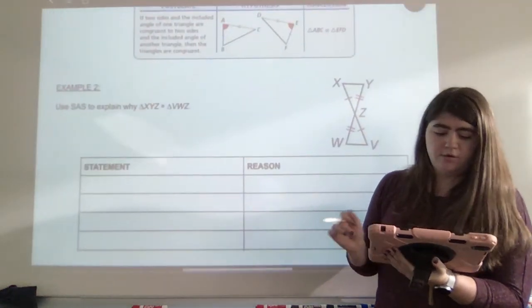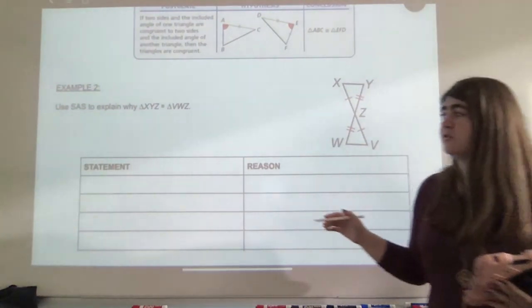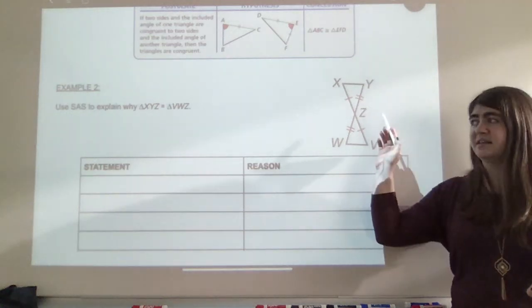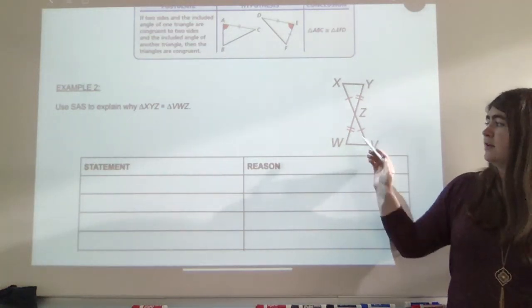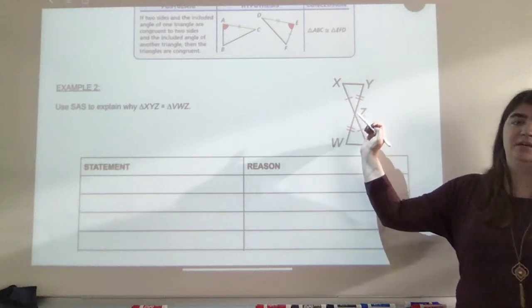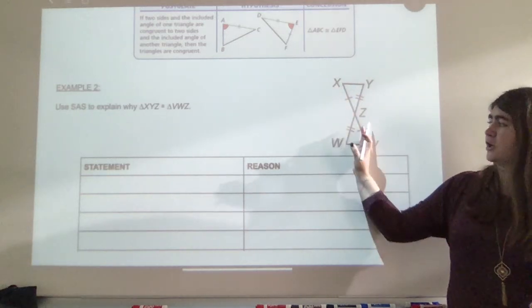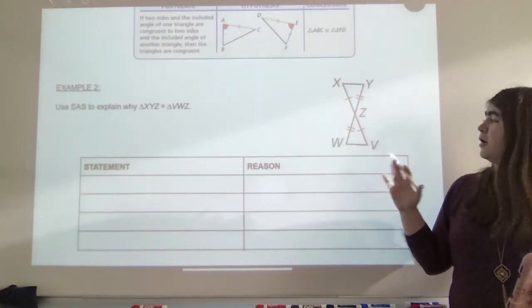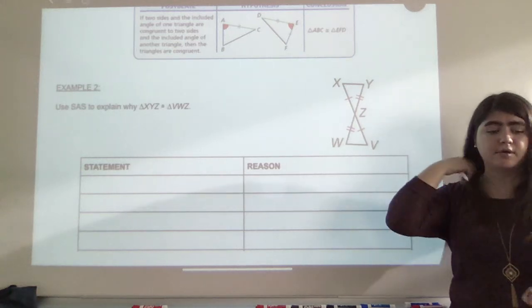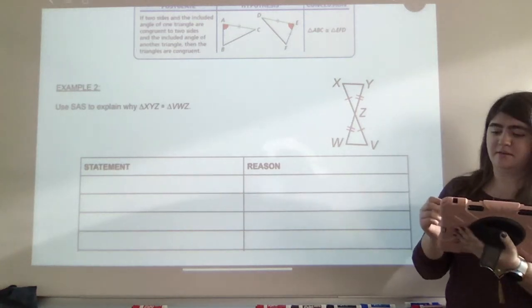So I have example 2 here, and it says to use side angle side to explain why triangle XYZ is congruent to triangle VWZ. And in this picture, I already have a couple things marked for me, so I know those things are congruent, and I'm going to start with those pieces.